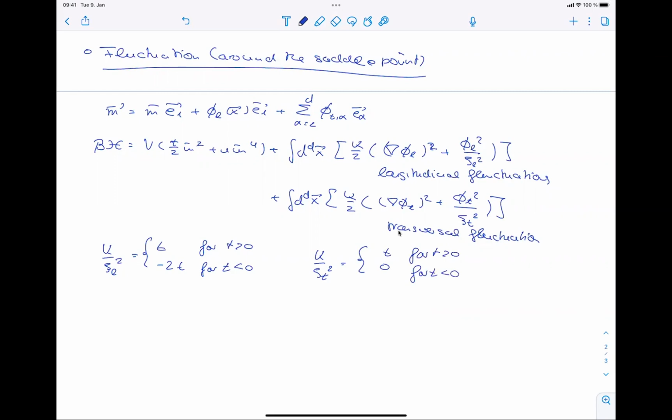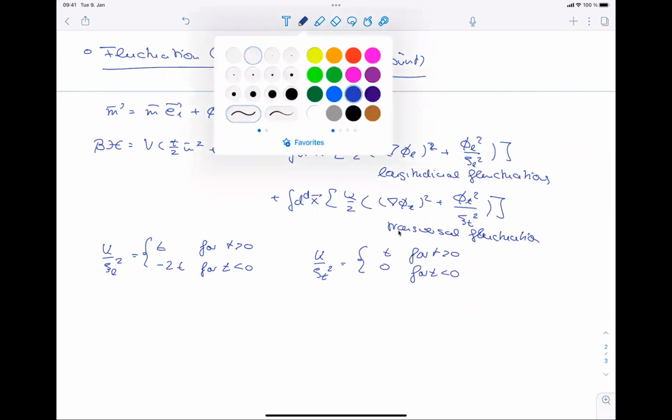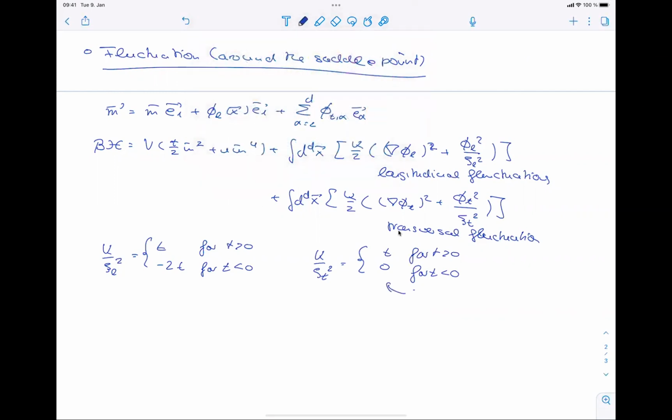And so what we discover here are the Goldstone modes, so the continuous breaking of symmetry. Yes, and there was a square.